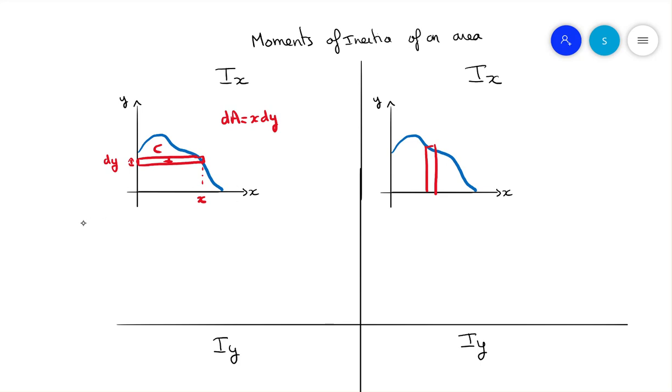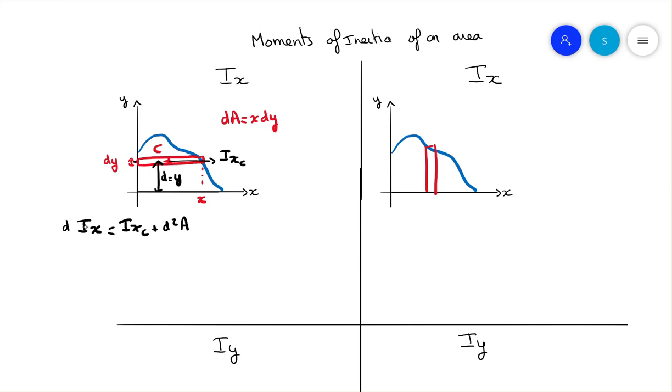So we are looking to find Ix. So your Ix will be equal to the Ix at C of the little element dA plus d square, that is this distance d, that is equal to y times the little element dA.